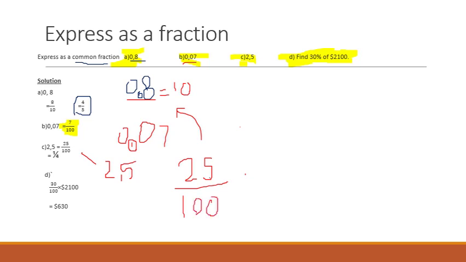Remember, we start from units, tens, hundreds, and so forth, going up. So units, we use them here. Tens, we use them here. Now from tens we come to hundreds. That's why we are using 100.